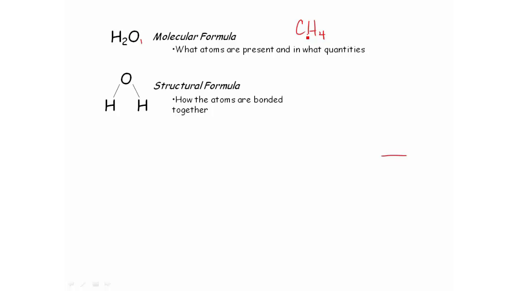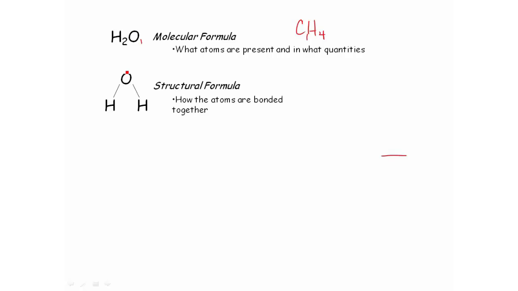Now what the molecular formula fails to tell us is how those atoms are actually arranged and connected together. So if we need to know how they're connected together, so where the covalent bonds are actually at, then we need to look at a structural formula. So the structural formula of water is written right here. And that structural formula tells us that we've got an oxygen atom that has a single covalent bond to each one of the hydrogen atoms.